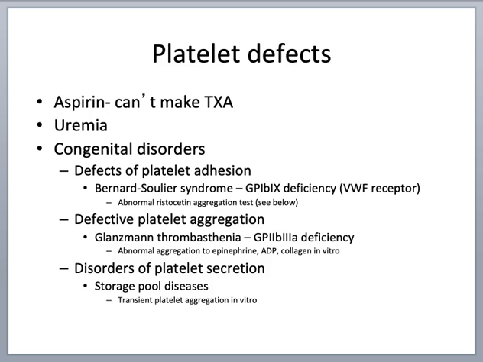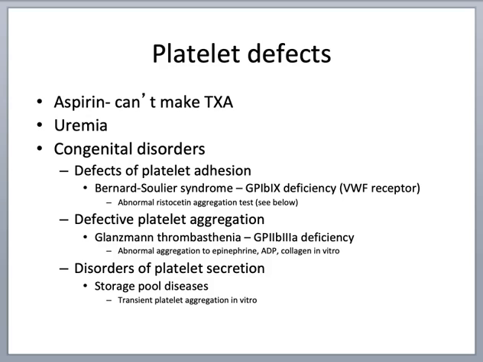Most of these are acquired due to either a medication such as aspirin or other platelet binding drugs that are primarily given in the context of atherosclerotic heart disease. Aspirin impairs the ability of platelets to make thromboxane A, so that's one of the secretory products. Uremia causes a variety of deleterious effects on the platelet.